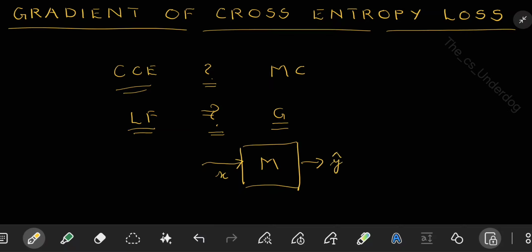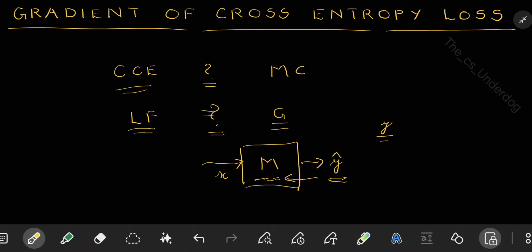Now when you compare with the actual expected output Y, there may be some loss here, but based on the gradient that is found here, you will decide how you should backpropagate. That is, when you are backpropagating loss, how exactly should you update the values of different parameters in the model? The extent to which each parameter is updated while you are backpropagating is decided based on the gradient. So this is why you want to know the gradient.